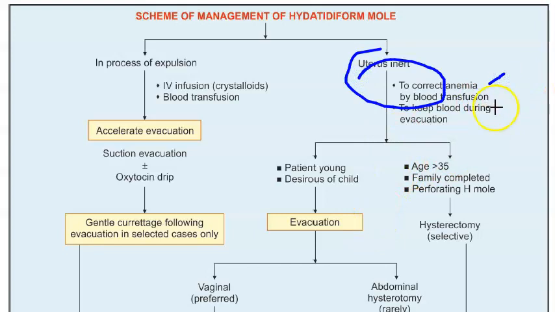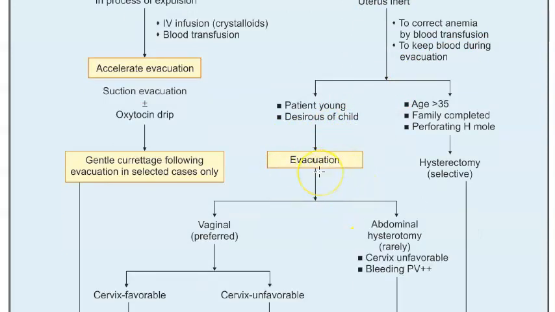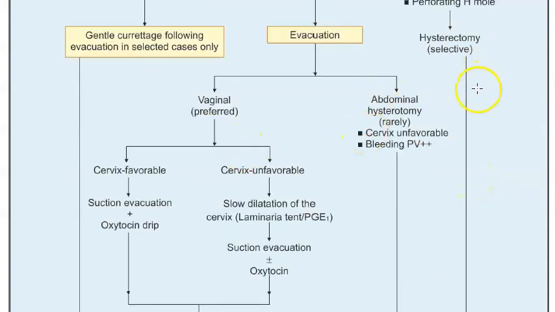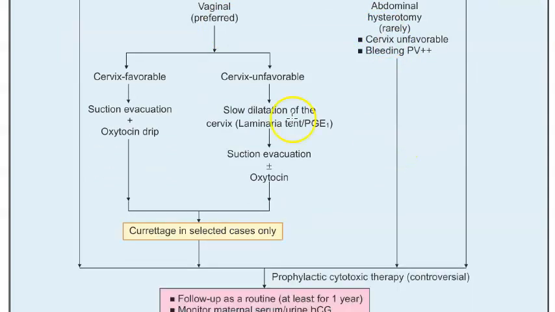You will correct the anemia and then etc. If she's desirous of having a child, again here they are talking about evacuation, same thing only, right? If she has completed family, there's a perforating hydatidiform mole, they are doing a hysterectomy, right? If she has completed her family, hysterectomy, otherwise they're doing evacuation. They are doing vaginal evacuation or abdominal hysterectomy if the cervix is unfavorable, looks like.